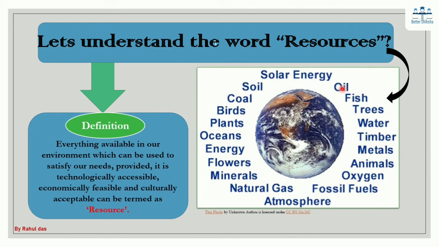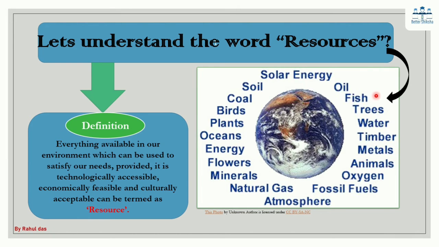These are all natural resources found in the environment. You can add human beings also. This is also a resource. Even the laptop or the mobile phone on which you are watching this lecture is a resource. Even you yourself are a resource.